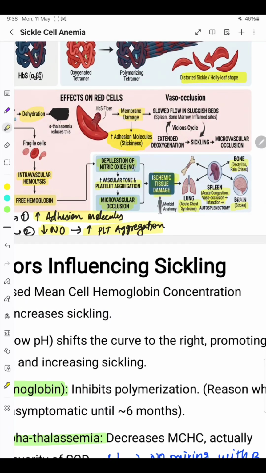These sickle cells have damaged membranes, express increased adhesion molecules and have increased stickiness for endothelium. Whenever there is slow flow, or particularly in an inflamed site, spleen, or bone marrow, there is a high chance of vaso-occlusion.